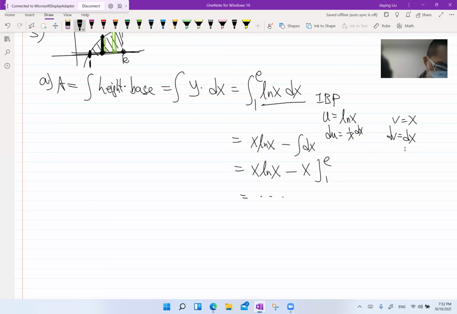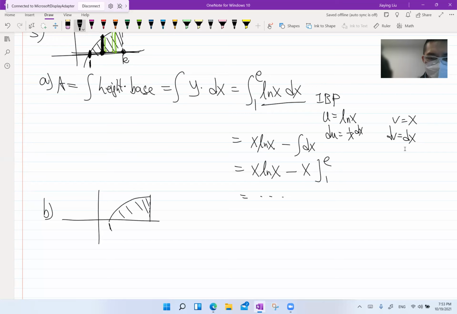Now B says find the volume of the solid formed by revolving this region about the x-axis. So I'm going to redraw this. Here we're taking this region, this area.